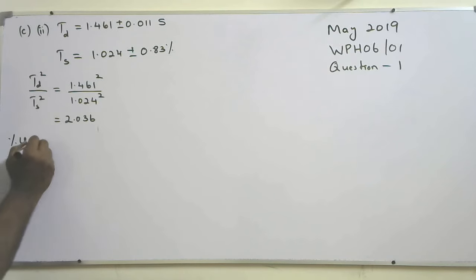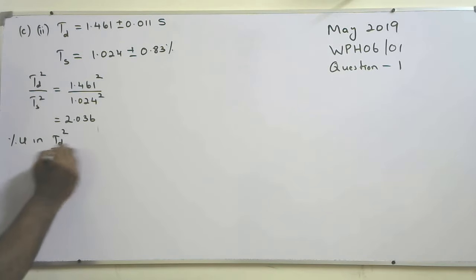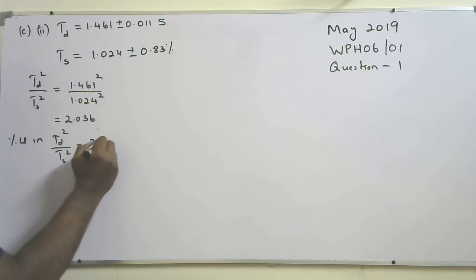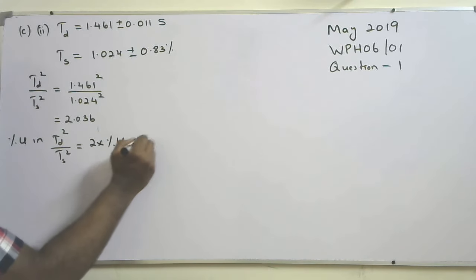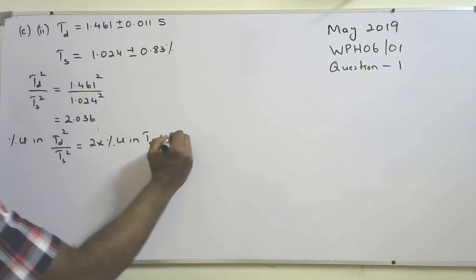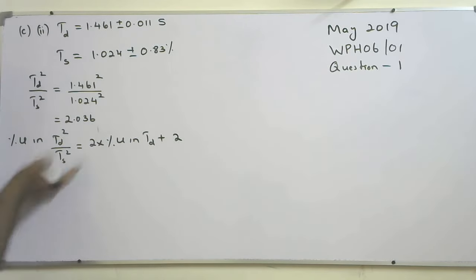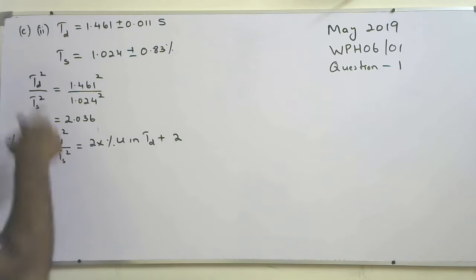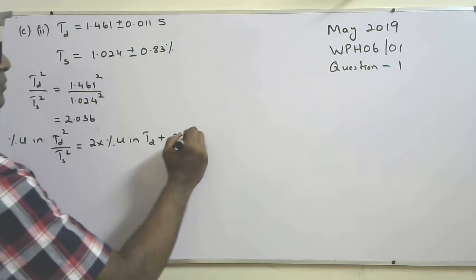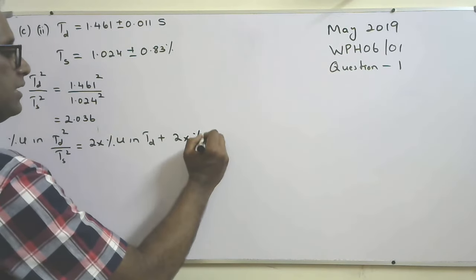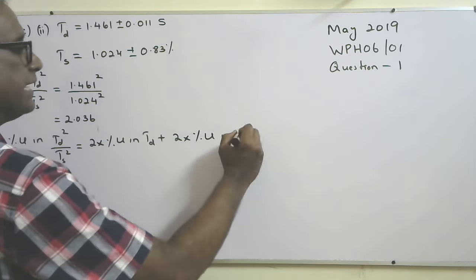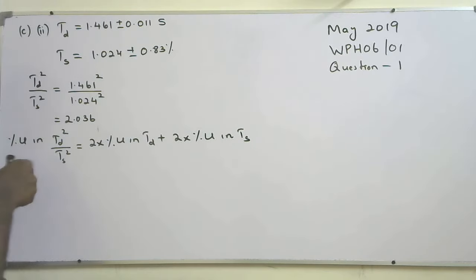Percentage uncertainty in Td squared over Ts squared equals, this is index, so 2 times percentage uncertainty in Td plus 2 times, this is denominator, so there also we should add them when we are dividing, 2 times percentage uncertainty in Ts.